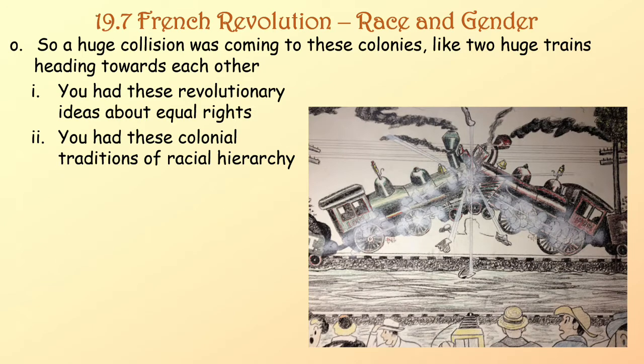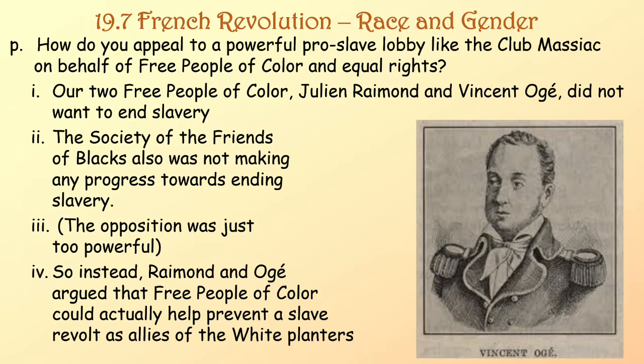So a huge collision was coming to these colonies, like two huge trains heading towards each other. You had these revolutionary ideas about equal rights, and you had these colonial traditions of racial hierarchy. How do you appeal to a powerful pro-slave lobby like the Club Massiac on behalf of free people of color and equal rights?